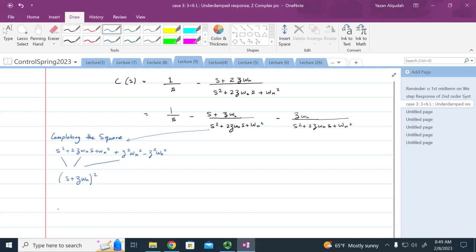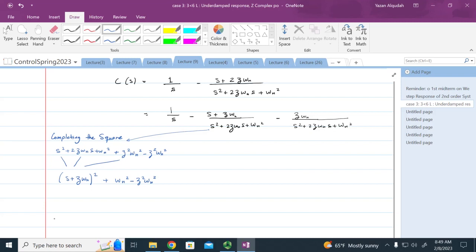And then I'm going to be left with plus omega n squared minus zeta squared omega n squared. And we'll see why we're doing all this. I like to take this denominator and write it like this.